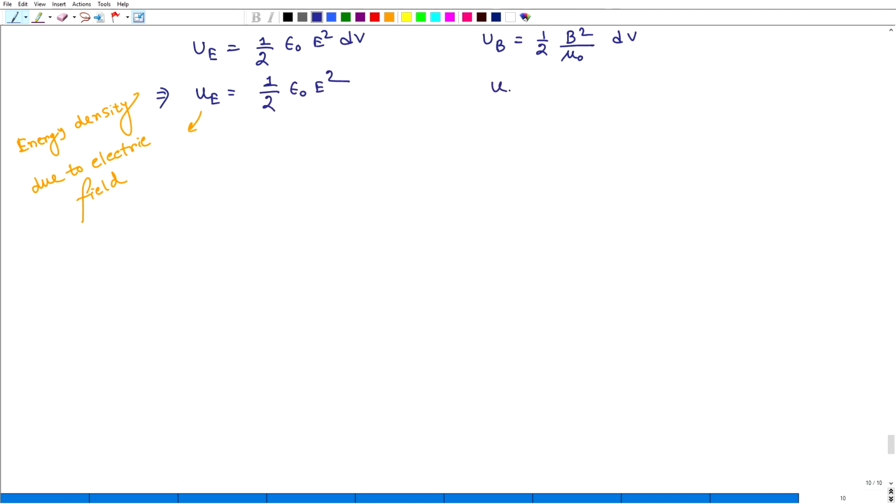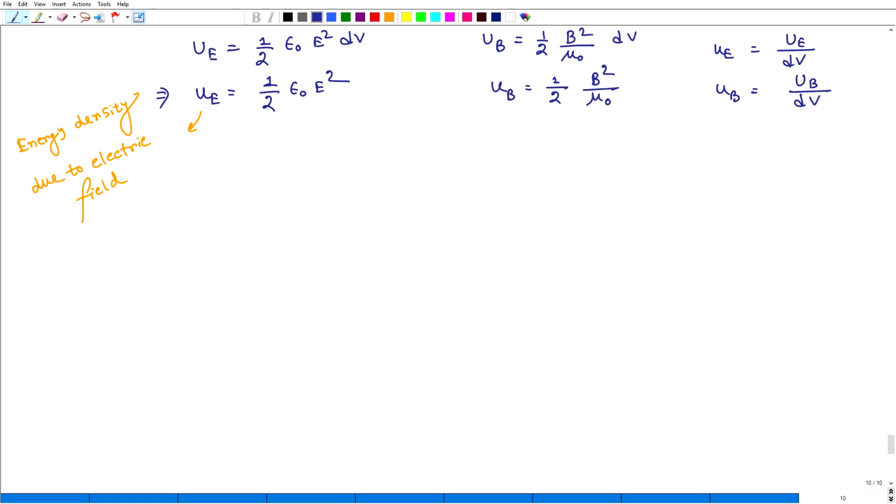Similarly, the magnetic one will be half B square by mu naught. What is the definition? As I mentioned before, capital UE is divided by dV, and capital UB is divided by dV. So, from here we can write the energy densities like this.